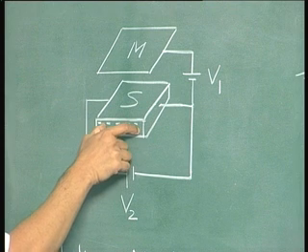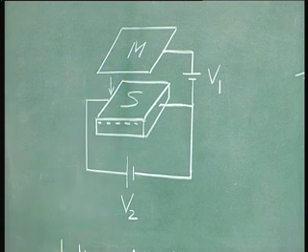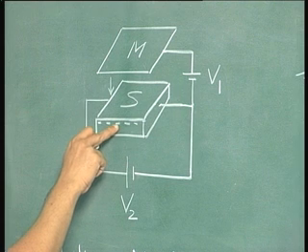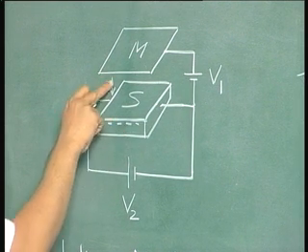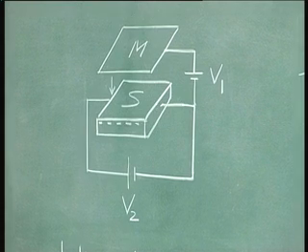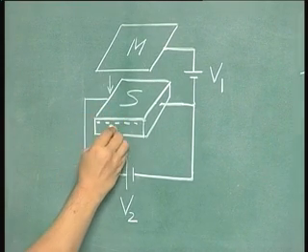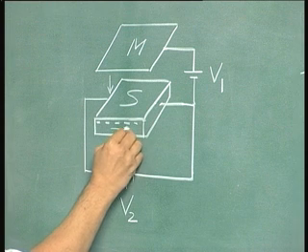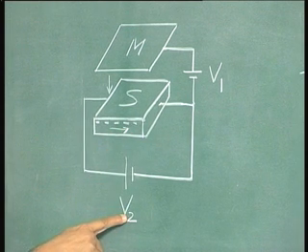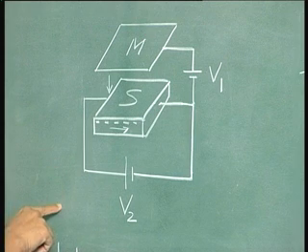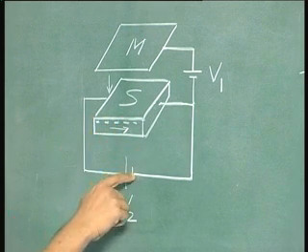This is the electric field that is causing the change in the conductivity of the semiconductor. So this is the modulating field. If you apply a transverse electric field in this direction using another battery V2 shown here, then a current will start flowing from the positive terminal to the negative terminal.